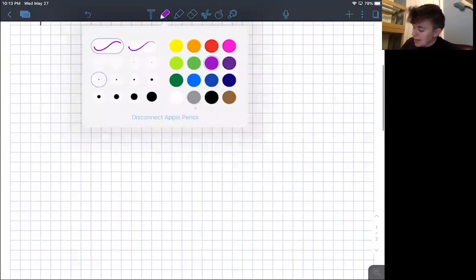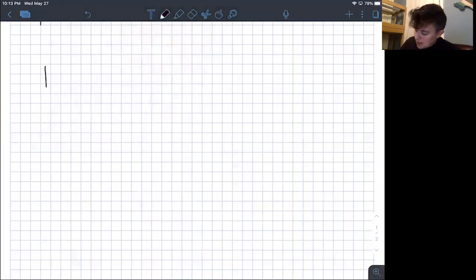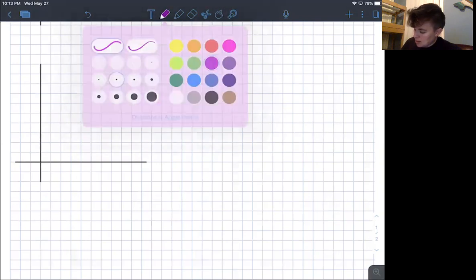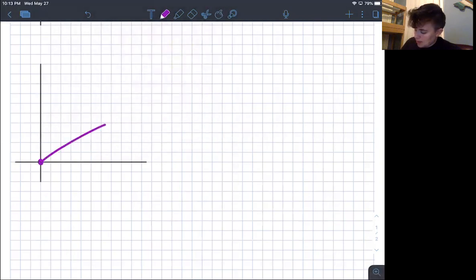So let's take a little sample vector here. We're going to make ourselves a little quadrant 1, and then let's just put our little vector guy right here. Yay. Let's call that vector m.